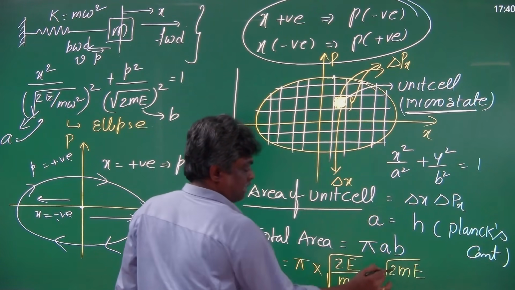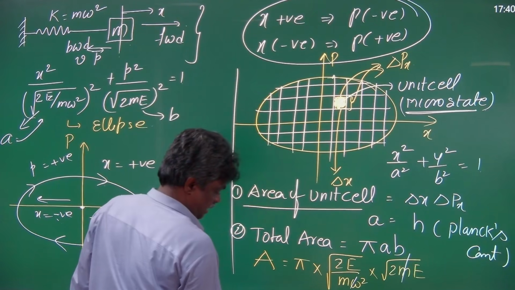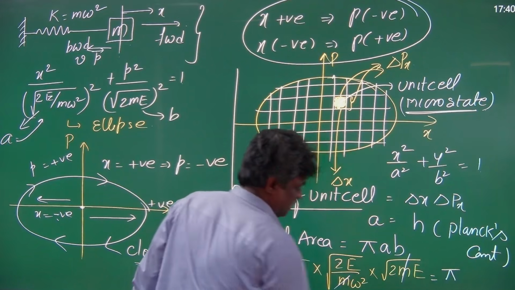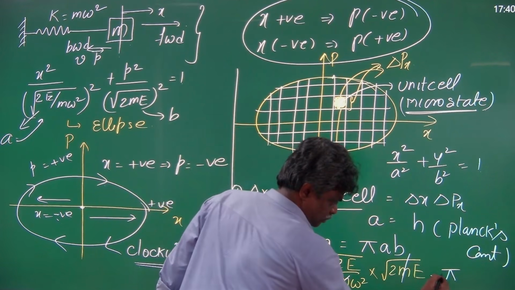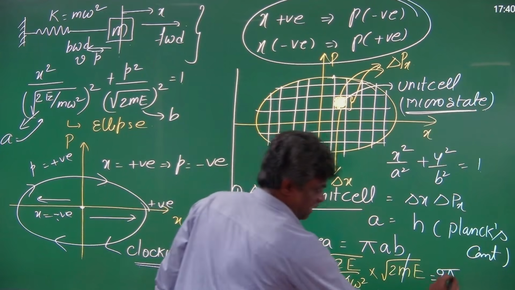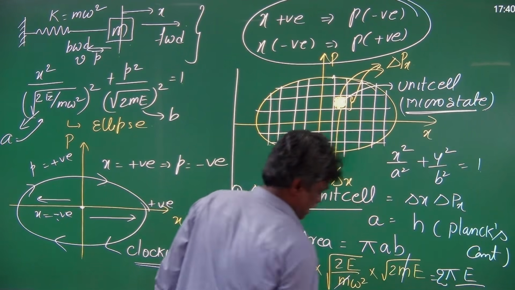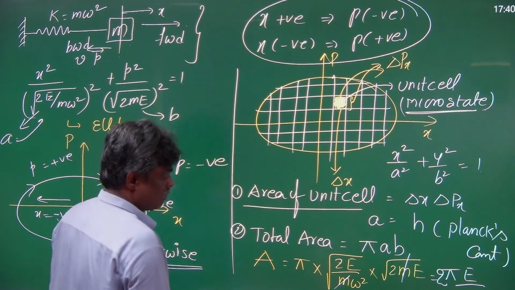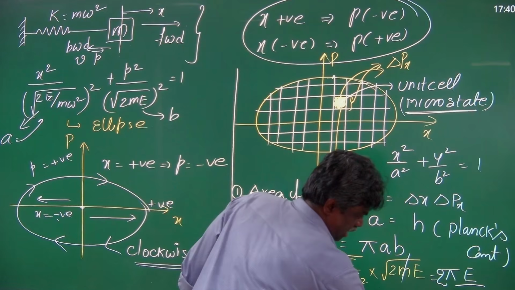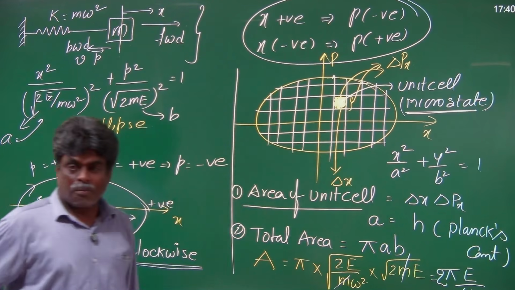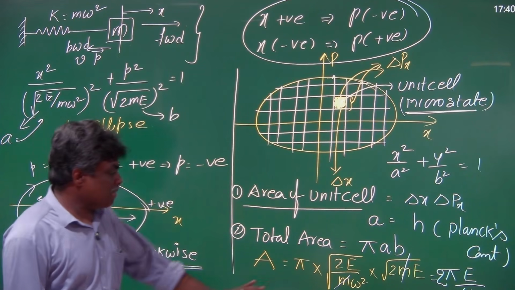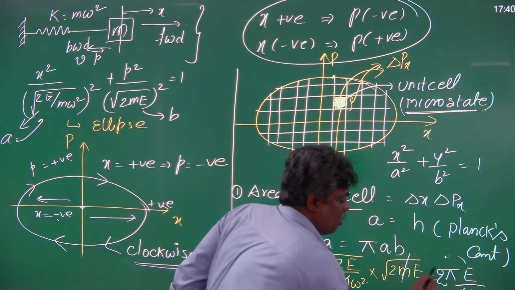Now what is this? m and m get cancelled. Right? Now how much is it? Pi as it is, root 2, 2, root E, E by omega, because under root omega square is nothing but omega. So could you please tell me what is the total area I got?